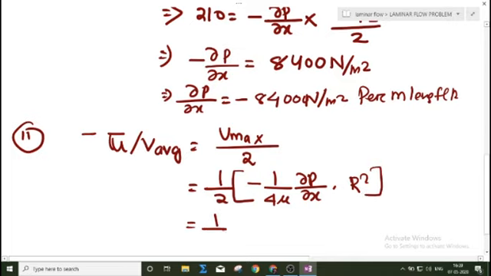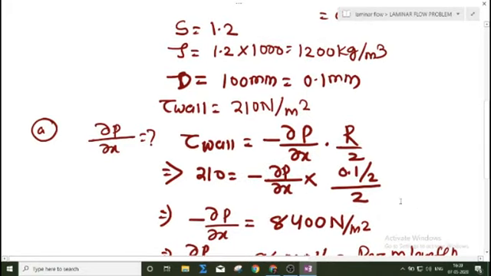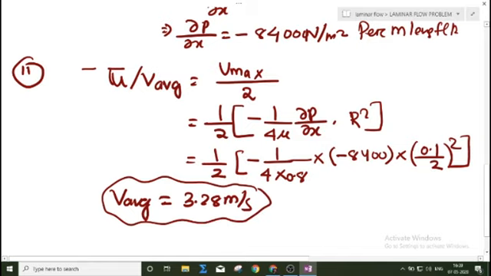So this is half into minus 1 by 4 into mu. 4 into mu is 0.8 Pascal second, into del P by del X, which we found out to be minus 8,400, into R square, which is 0.1 by 2 whole square, because the diameter is given as 0.1. So the average velocity we are getting is 3.28 meter per second.